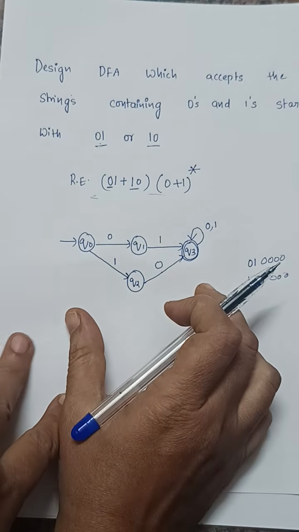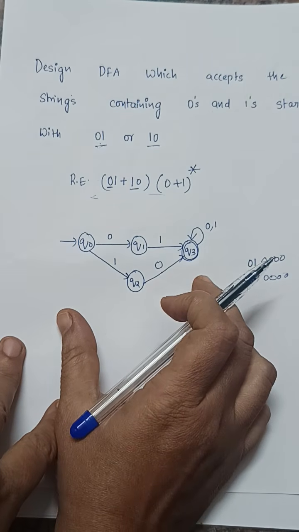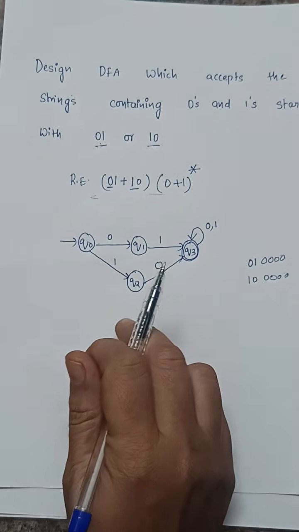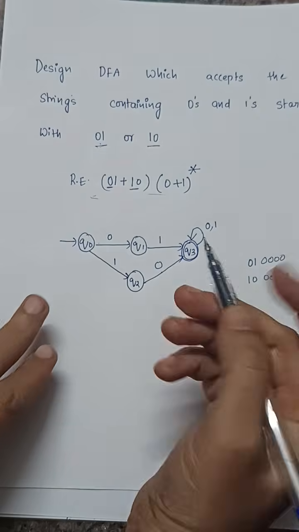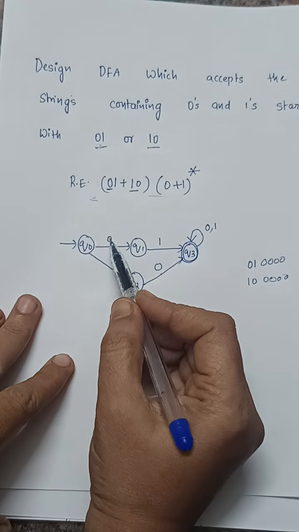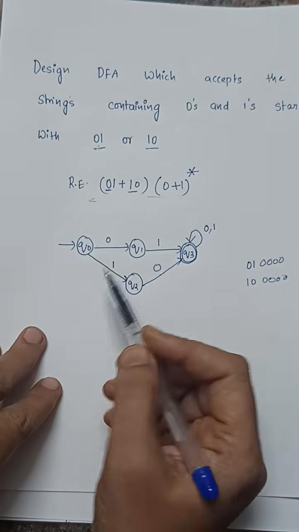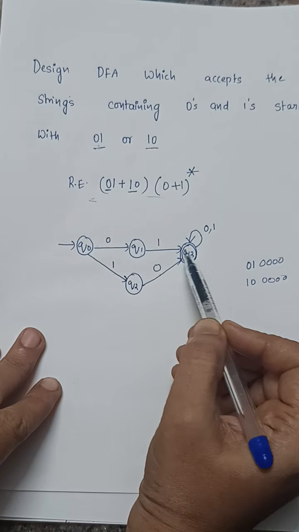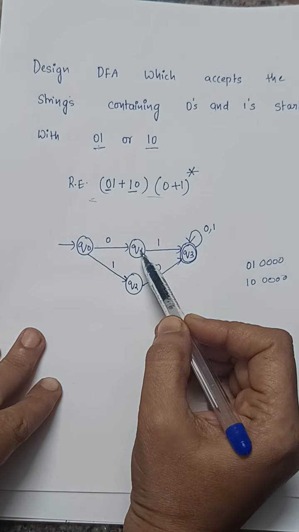So this diagram, the automata or the transition diagram we have written, is correct, but we should design a deterministic finite automata. Deterministic finite automata means all the states should have a transition with zeros and ones. Q0 is having transitions with 0 and 1, Q1 is having a transition with 1. It is not having a transition with 0.